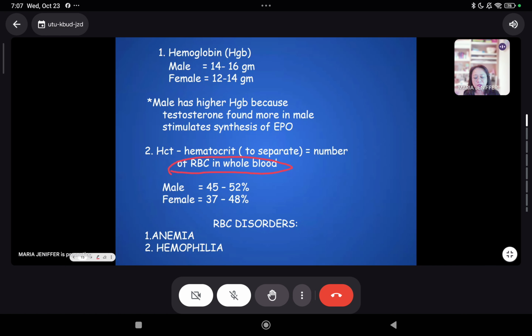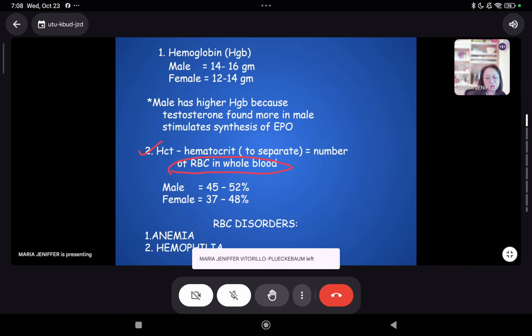When the components of the blood are centrifuged, or separated in the process called centrifugation, that is usually done in the laboratory, the red blood cell portion that is separated from the other components of the whole blood is what you call hematocrit.